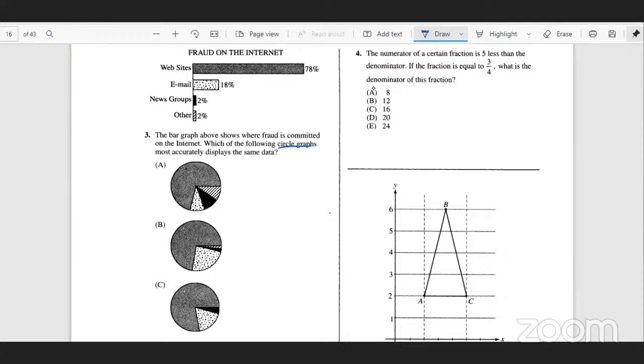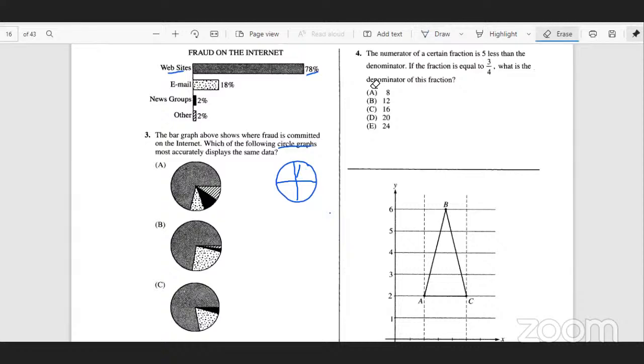So the bar graph says that we have 78% for websites, right? If I give you a quick idea of a pie chart, if this is a circle and if I break it down into four parts, this part is 25%. Let me just write down the percentages.